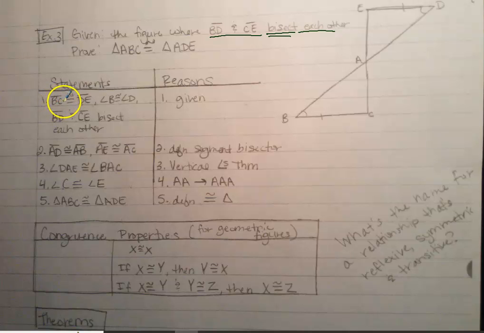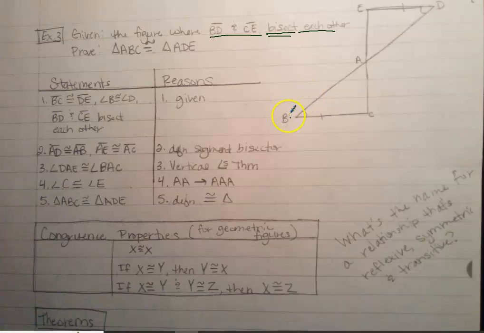So I know that BC is congruent to DE. All right, so we have the congruent markings there. Then I know that angle B is congruent to angle D. We have that marked as well. It was given. And the other thing we know is BD and segment CE bisect each other. So all that information was given to us.